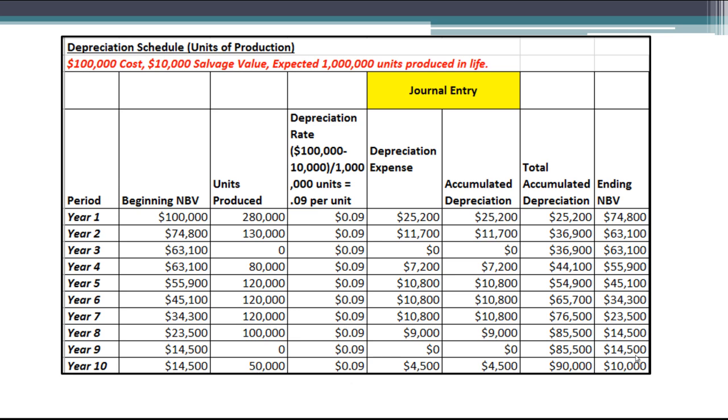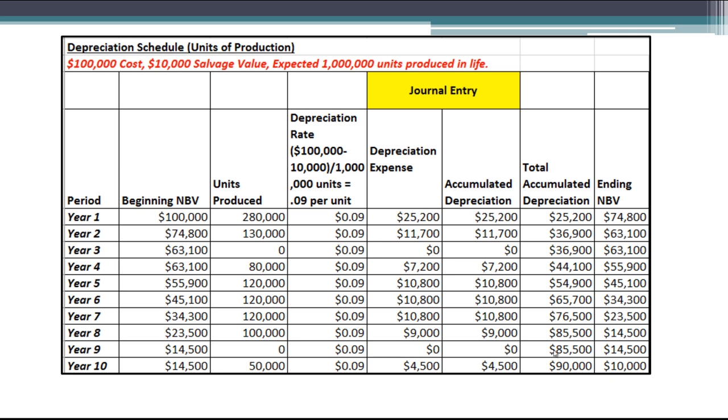In this case, we look at the year right before it, or we look at the beginning net book value for the last year, and we say we're at 14,500 and we want to get to 10,000. So we know we need to depreciate 4,500. In this year it worked out nicely, but even if there were more or fewer than 50,000 units produced, we know we're going to depreciate $4,500 to bring us exactly where we want to be. So that's the depreciation schedule for units of production depreciation.